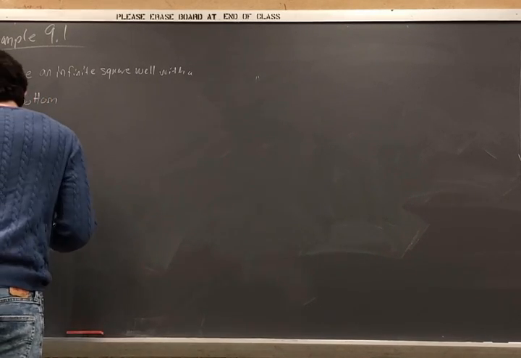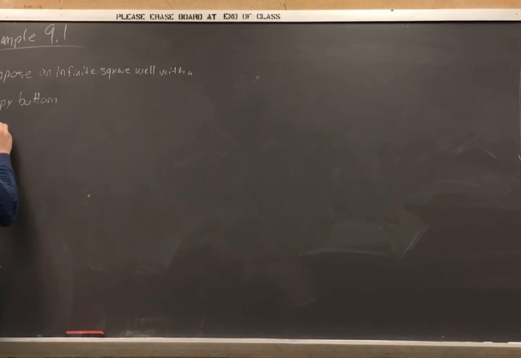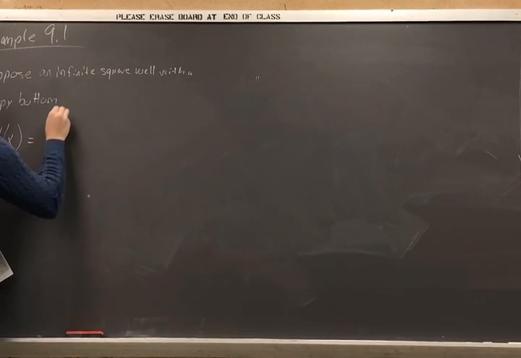Okay? Now, what do I mean by a bumpy bottom? I'm just saying that V of x is of this form.